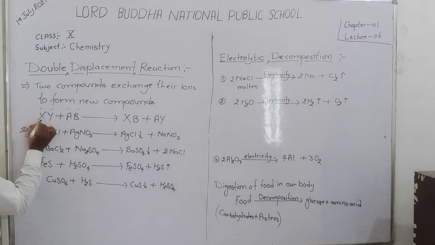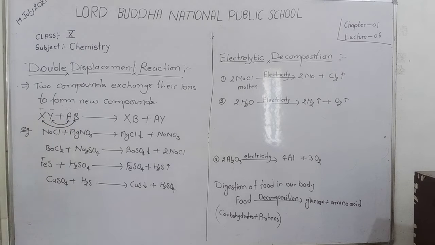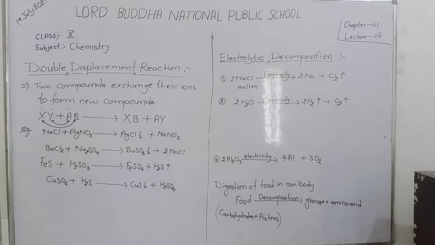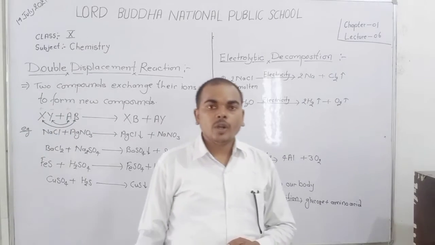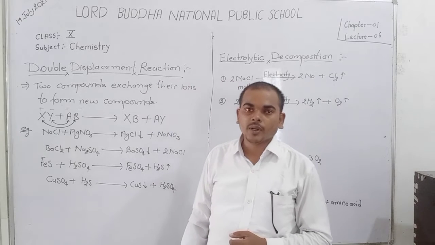Ion X and ion B exchange with each other and form XB. Ion Y and ion A exchange with each other and form AY. In this reaction, ions exchange between both compounds, so it is known as a double displacement reaction.